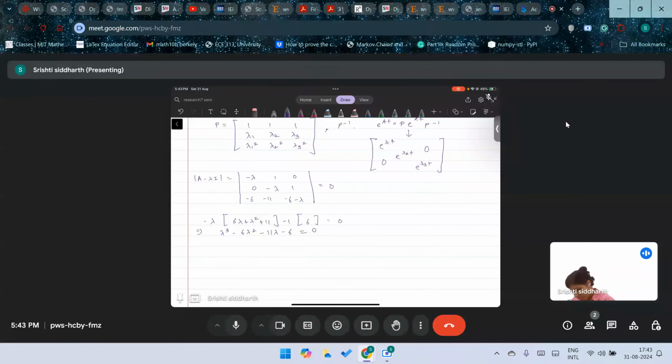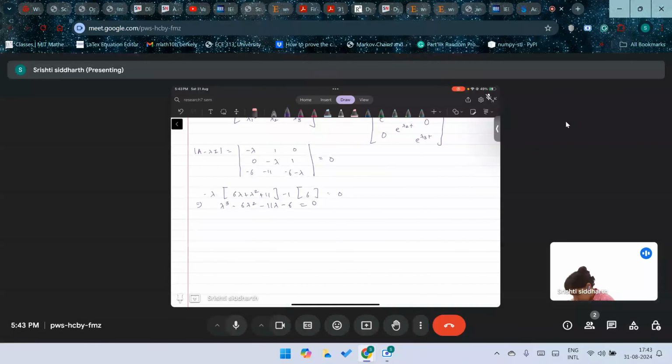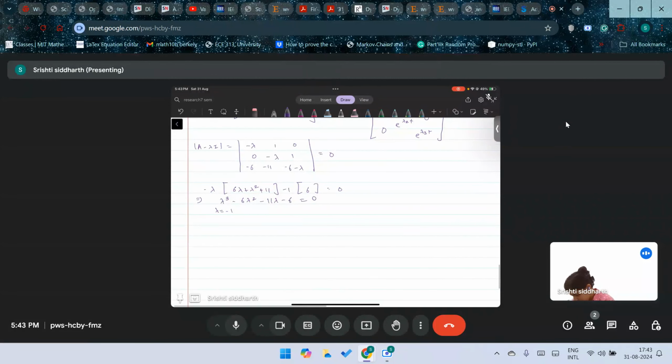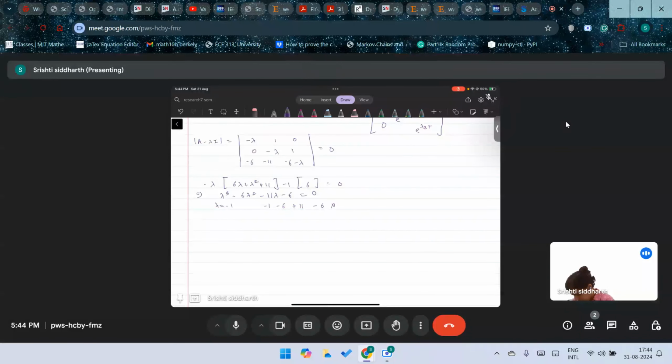Okay, so now let's see if lambda equals minus 1 solves this equation. So this is minus 1, minus 6, this is plus 11 and minus 6, right? Okay, so it is not that. So lambda equals 1 is 1 minus 6 minus lambda minus 6. This solves the problem.